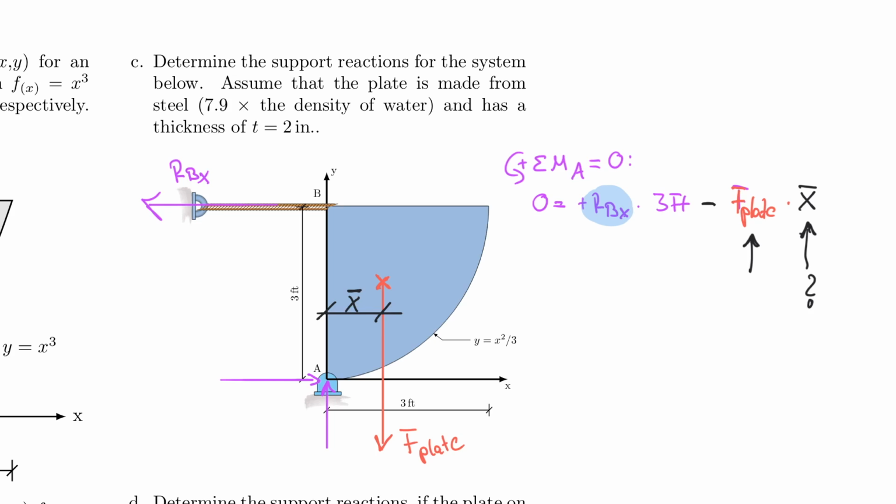And that is the distance between the centroid of the plate, so I'm going to call that here C for centroid of the plate, to the origin. So the origin is down here, O. And that is really the goal of today's lecture, to understand how we can calculate the x bar.